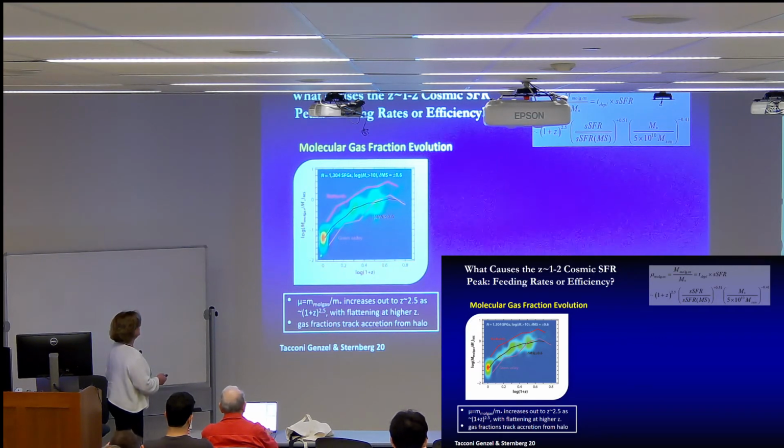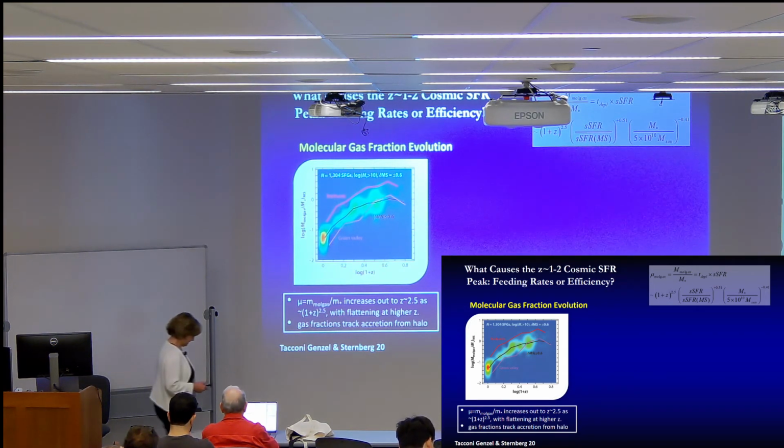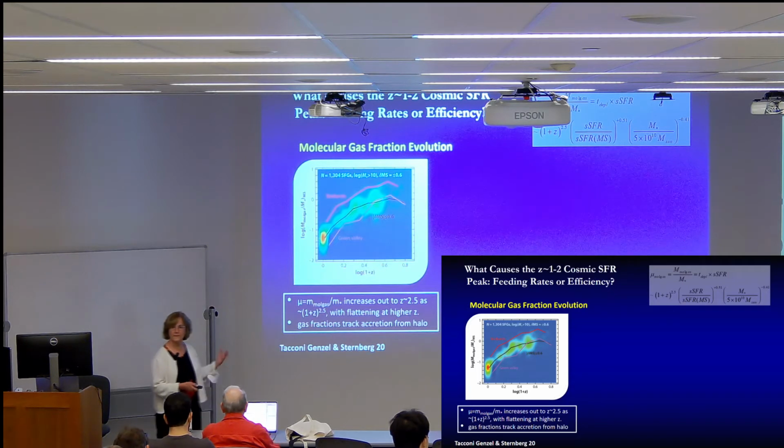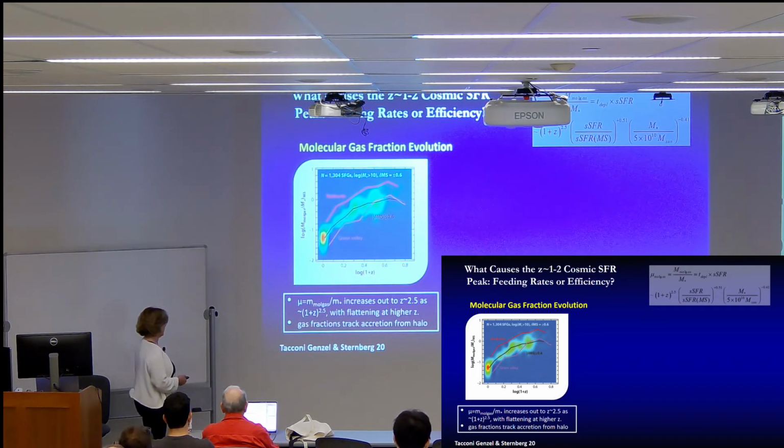What you see is a clear, steep increase as you go from redshift 0 out to about redshift 2.5, roughly as a power of 2.5, with a flattening at higher redshift and a decrease even beyond that, which is all consistent with the bathtub model or the equilibrium model that we talked about so much yesterday.